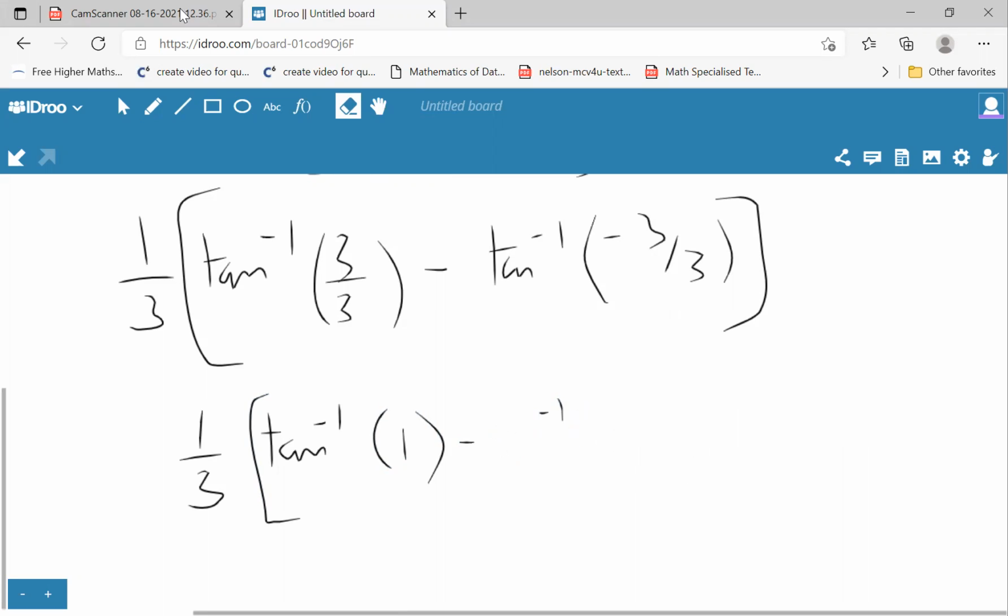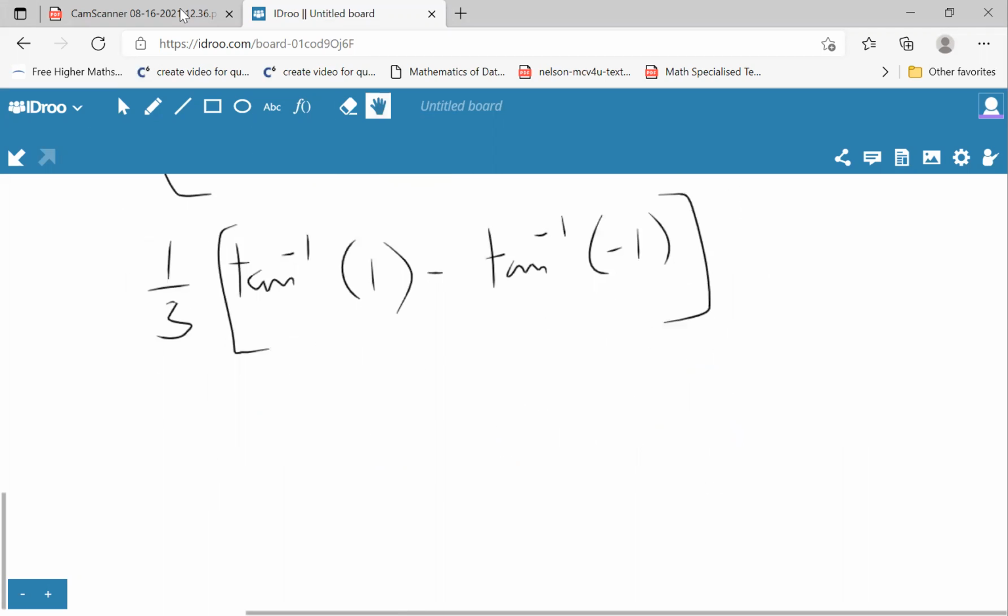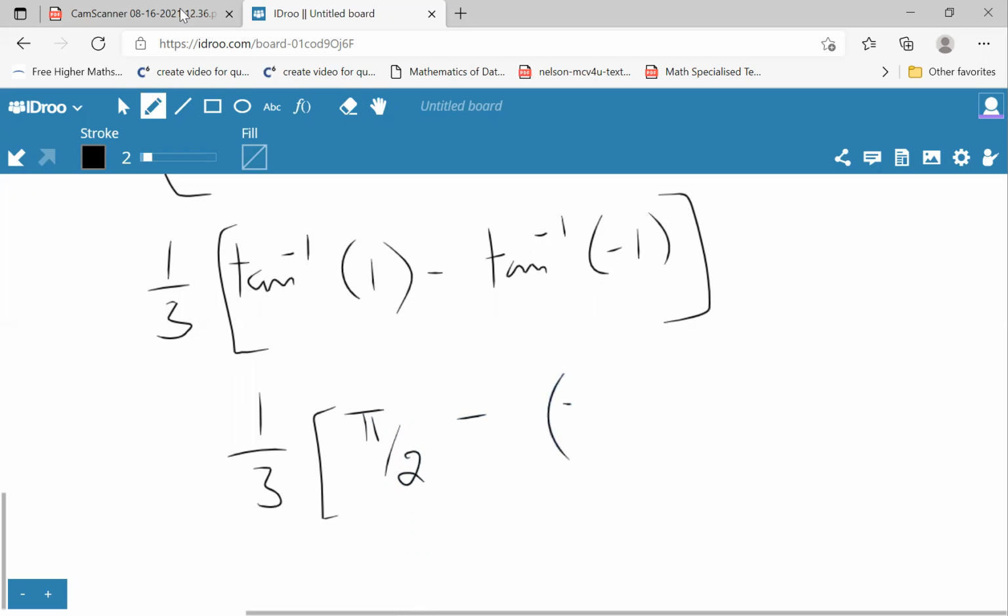So which is nothing but 1 by 3 tan inverse of, now this becomes tan inverse of minus 1. So that would now become 1 by 3. Tan inverse of 1 is nothing but pi by 2. So pi by 2. And tan inverse of minus 1 will be minus pi by 2.